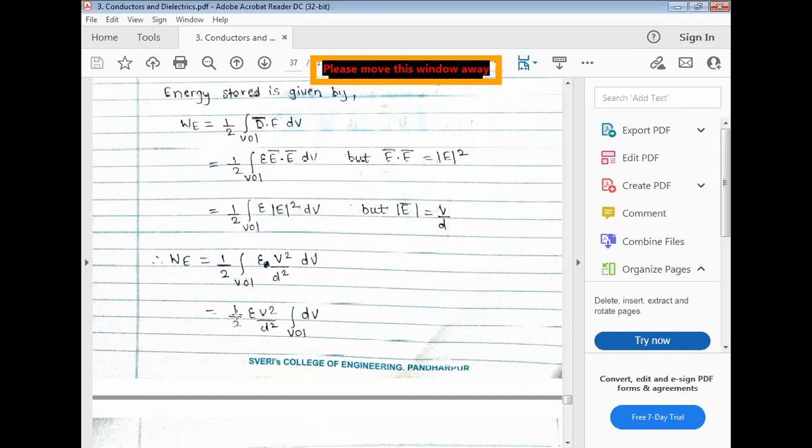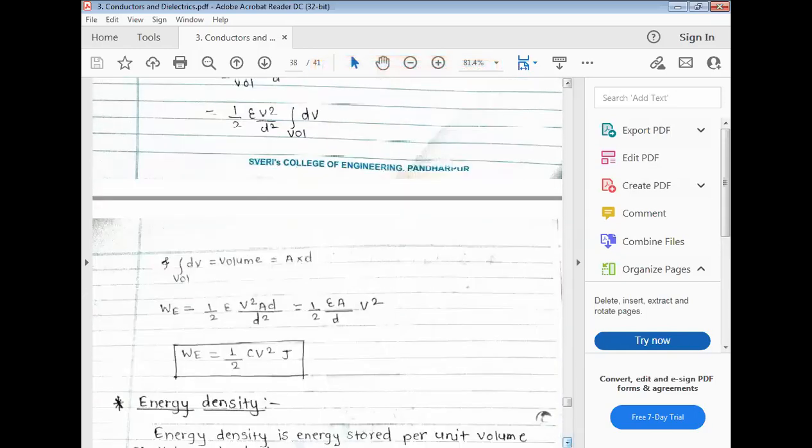So it is equal to 1 divided by 2 epsilon constant, V square upon d square constant, and for the volume integral of dv we have to take here.